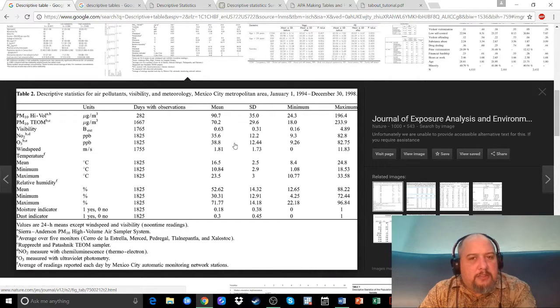But it doesn't make sense in terms of reading it, interpreting it, and discussing it. They would have been better off building two separate tables, with the first table having this information and the second table having this information. But by putting it all on the same table, they've created an interpretation and discussion problem.